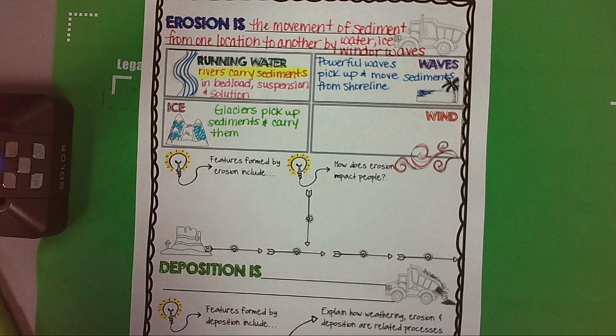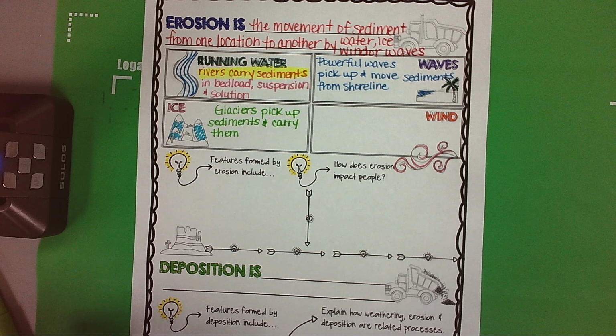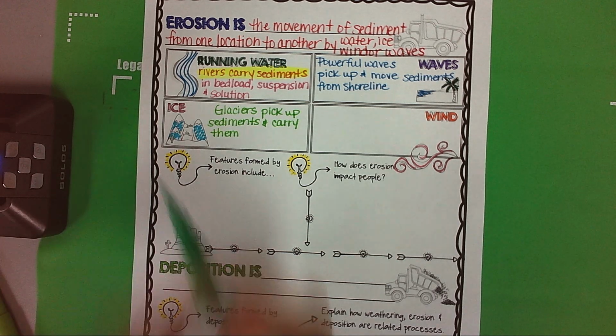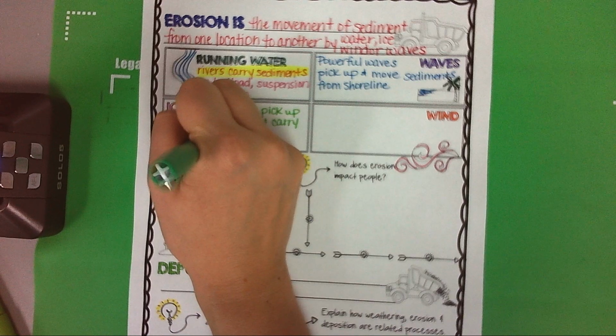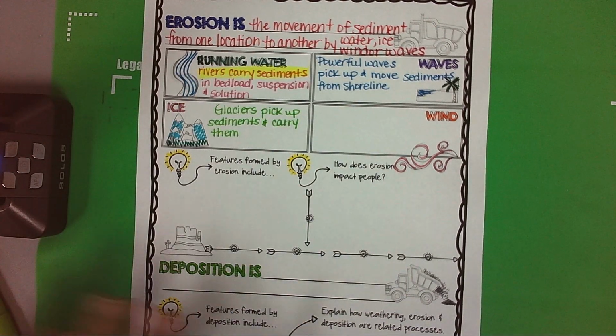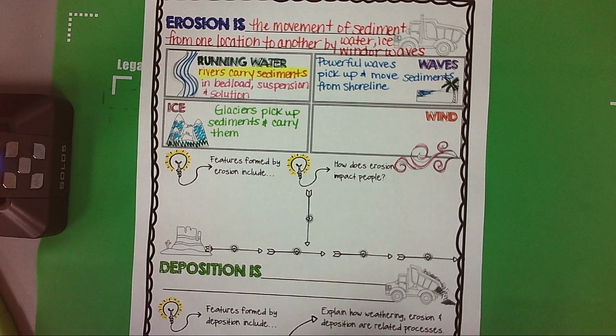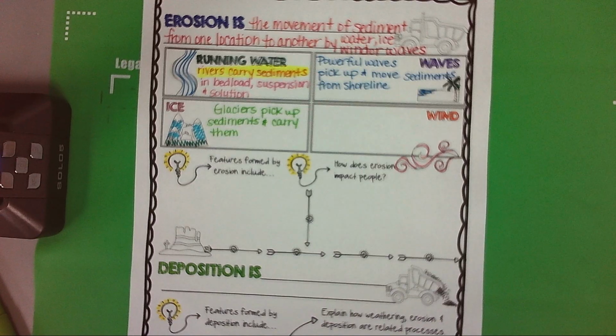Okay, so glaciers pick up sediments and carry them. As they move, they take the rocks with them. The glaciers move very slowly. As they move, they're picking up sediments and carrying them.